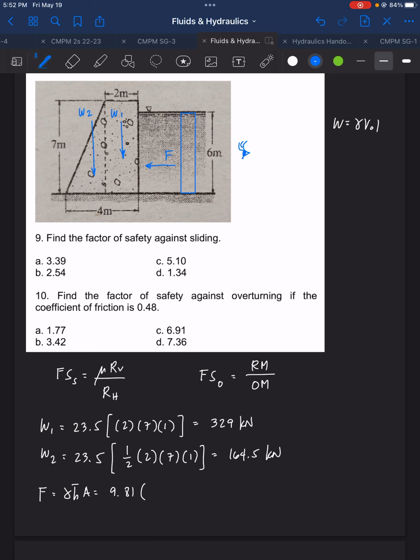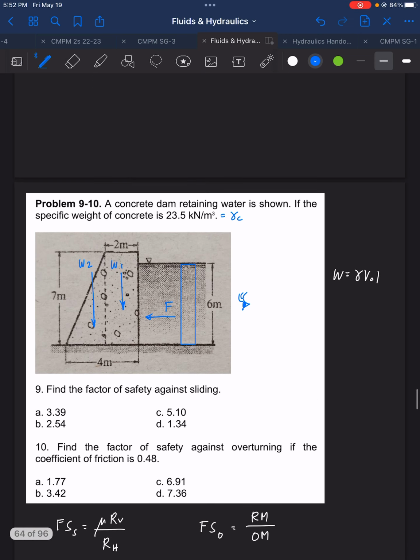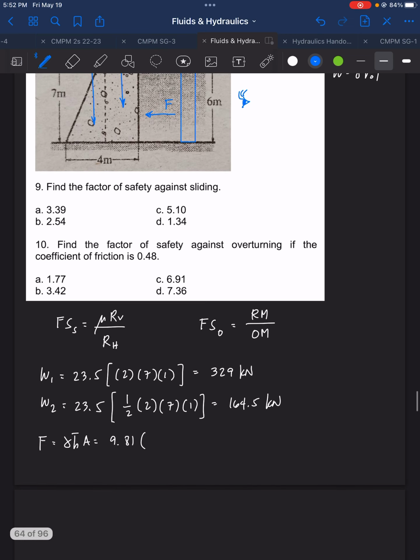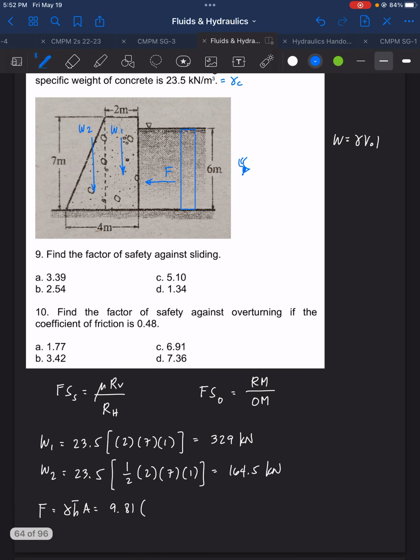The width there is per meter width, so this is 1 meter. How do you get the center of gravity of this one? It says there gamma H. So the center of gravity here is 3 meters.